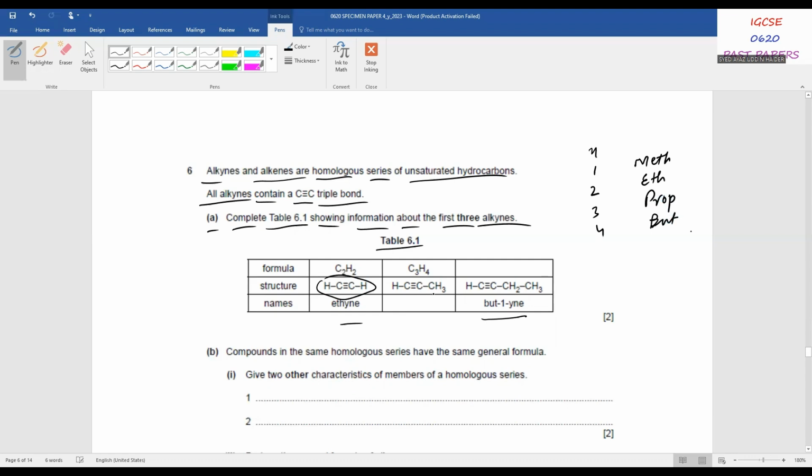They have already mentioned eth and but. So you have prop. So the name is ending on ine. So the name will be easy. Propyne.